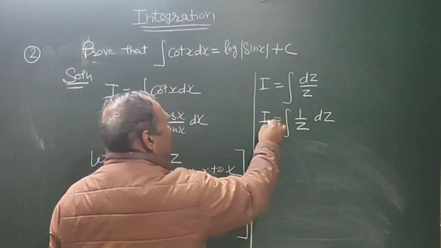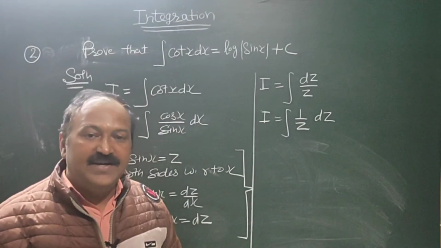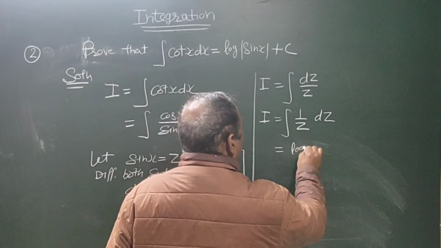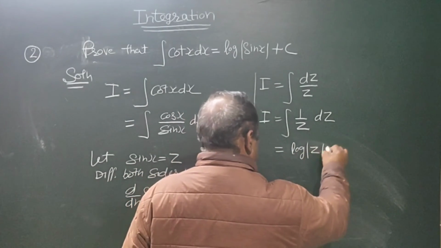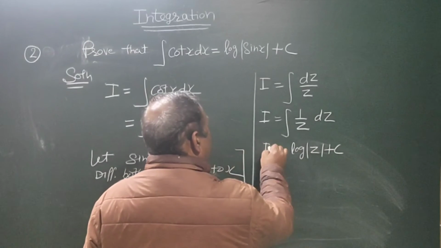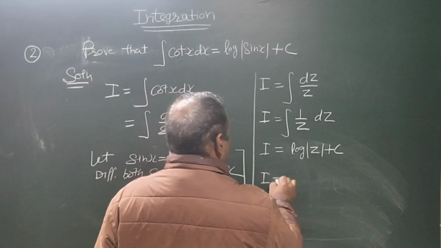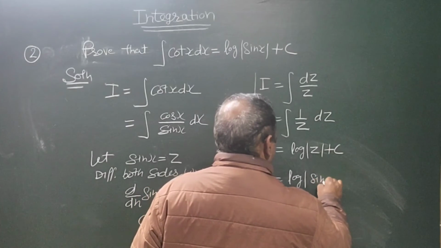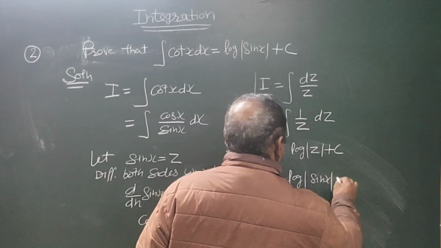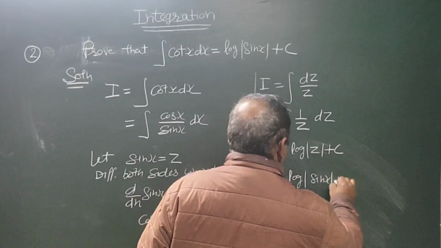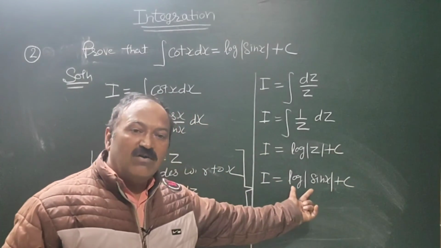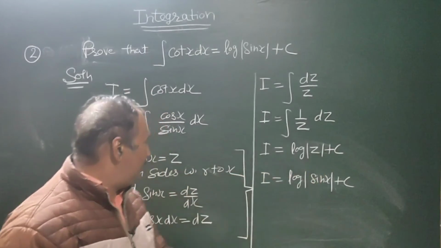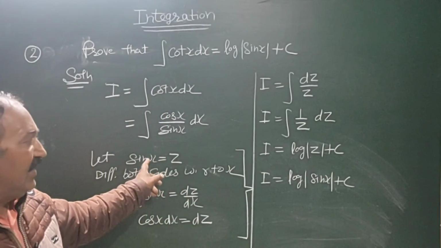I is equal to integration of 1 by z into dz, and that is the simple formula log of z modulus plus c. Putting the value of z, we get the integration of cot x as log of sin x modulus plus c, because we have substituted z is equal to sin x.